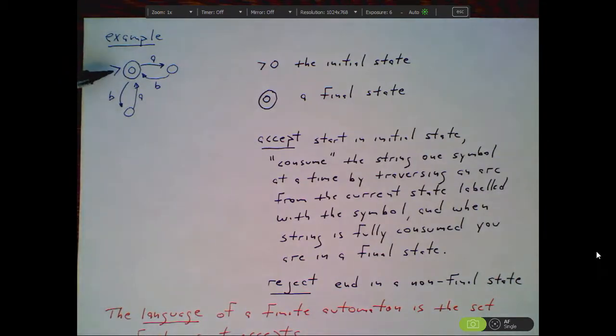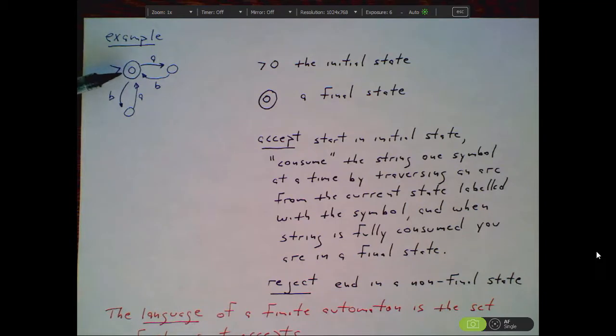And how does it do that? Well, it starts in the initial state and it consumes the string one symbol at a time. It does that by traversing an arc that matches the current symbol in the string. We have this pointer to where we are in the string, and when we traverse an arc we match the current symbol and move to the next symbol.